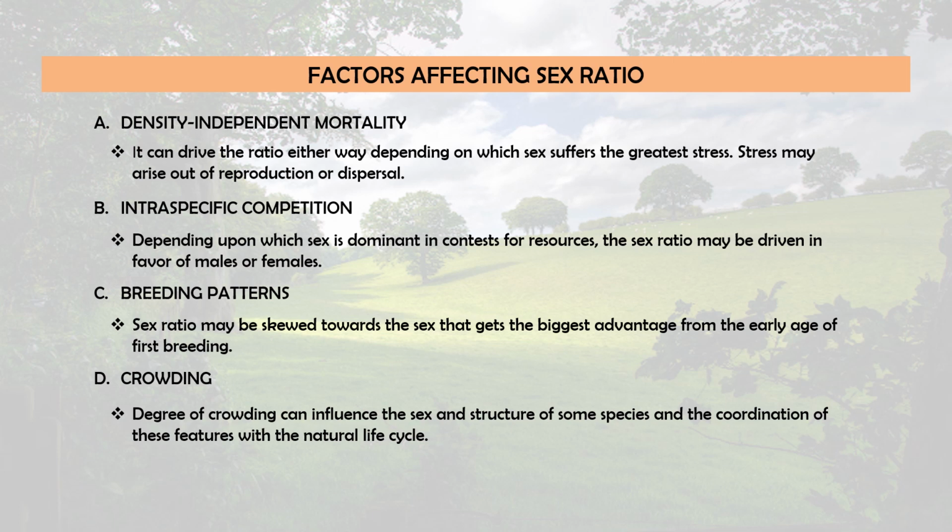The sex ratio may be skewed toward the sex that gets the biggest advantage from an early age of first breeding. The early breeding species favor male-biased clutches early in the season, so the males that get off to an early start have an advantage in securing mates, and the later breeding species favor a female-biased sex ratio in early clutches, because in those species females have a chance of moving up their age of first breeding.